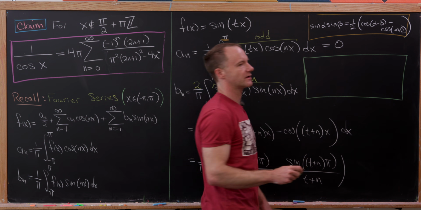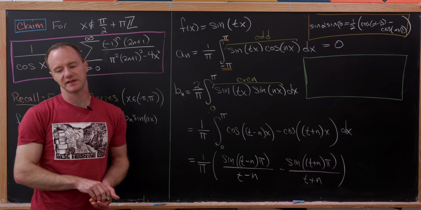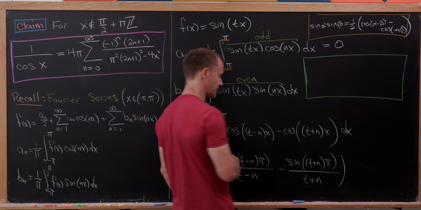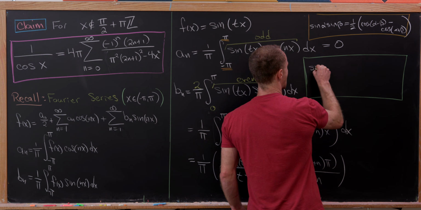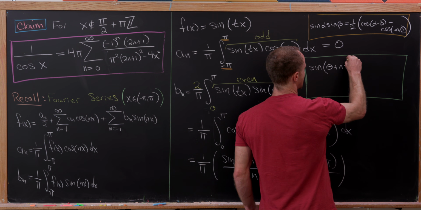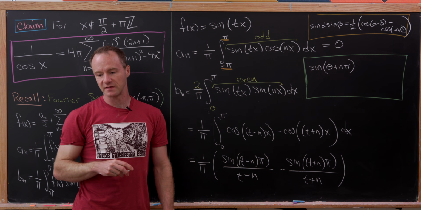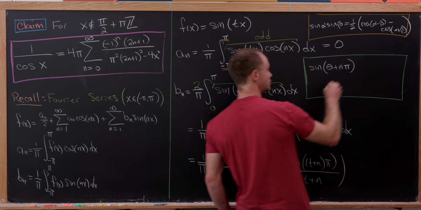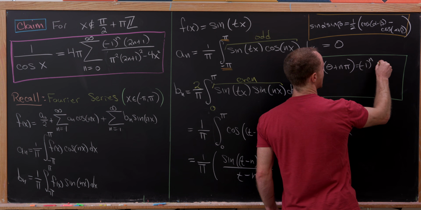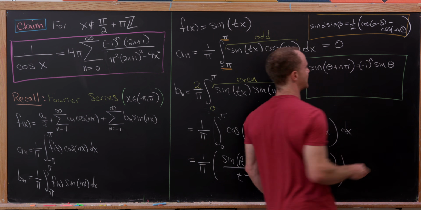And now we're going to use this kind of nice identity, which has to do with the 2 pi periodicity of the sine function, as well as the cosine function. And it goes something like this. If we have sine of theta plus n times pi, then that's exactly equal to minus 1 to the n times the sine of theta.